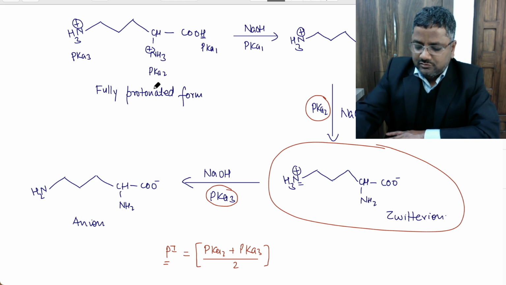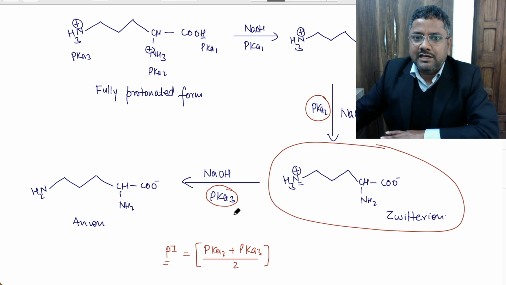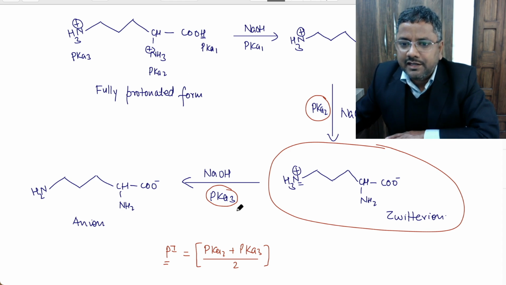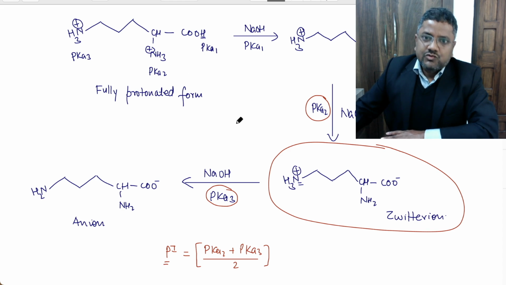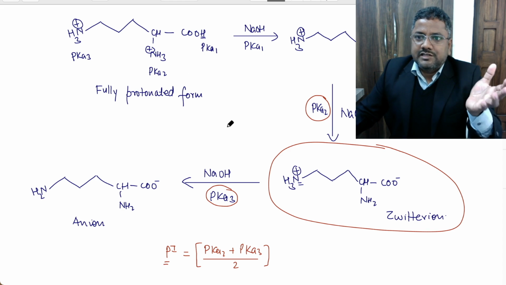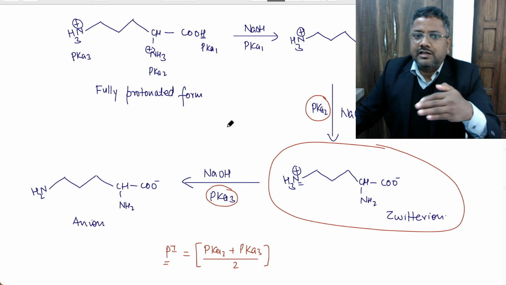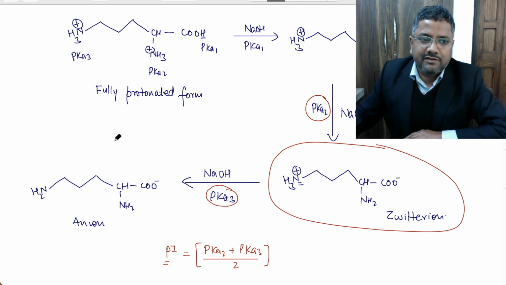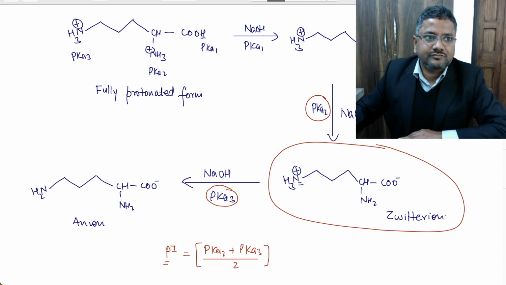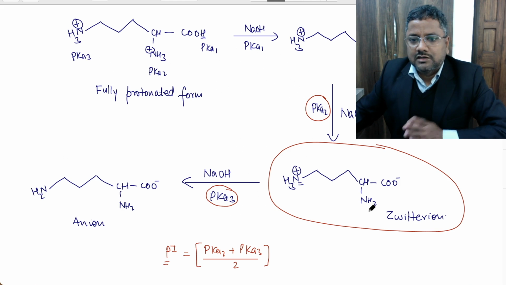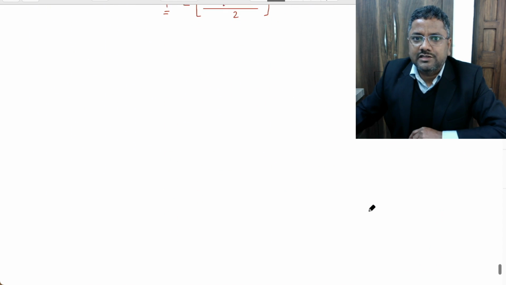You have to take the average of pKa2 and pKa3, not pKa1 and pKa2, not pKa1 and pKa3. Similarly, if the question is given like this, you can very easily calculate the isoelectric point for a given amino acid, right? Such types of problems you may get in your exam.